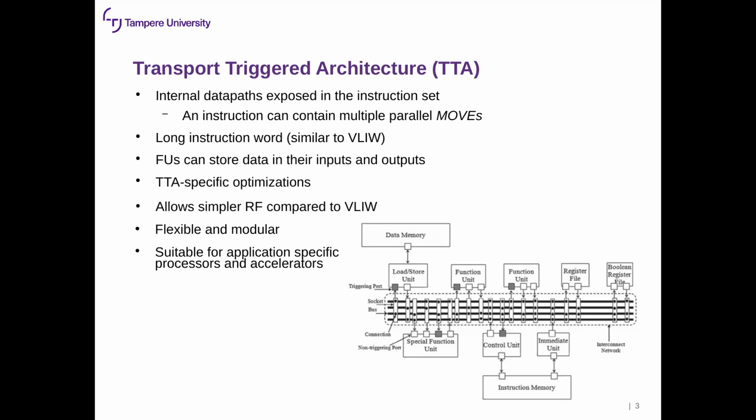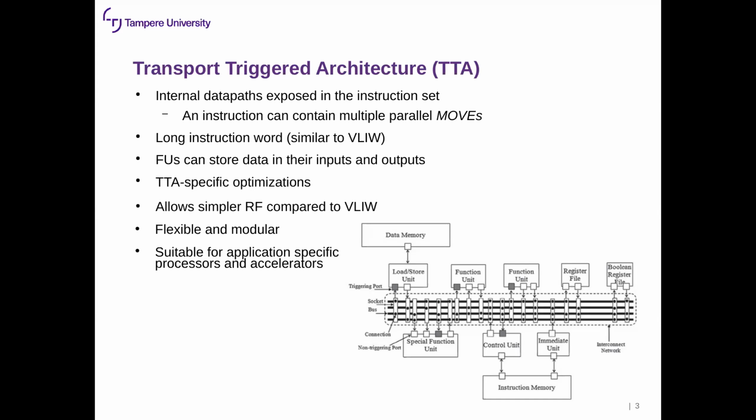Because of this software programmability or control, we can have some interesting TTA-specific optimizations, such as operand sharing, where you keep the same input in the input port of a function unit, and you don't need to move it there all the time. Usually in our experiments and case studies using the same benchmarks, compared to, for example, traditional RISC processors, we get away with a smaller register file with fewer write ports, which translates to less power consumption.